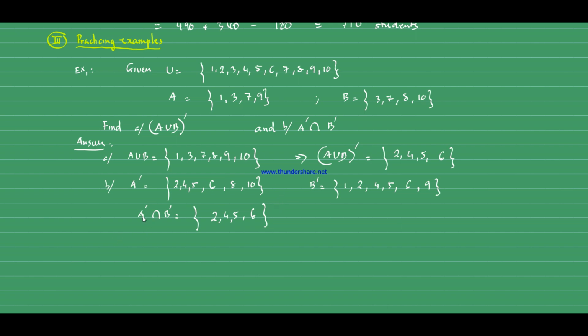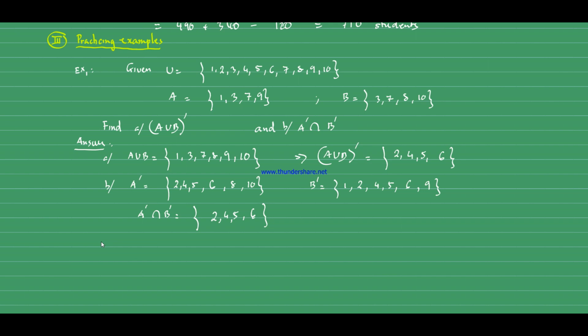Now, if you notice, the answer for part A and part B is the same, right? 2, 4, 5, 6 and 2, 4, 5, 6. So what can we conclude out of this? Very interesting information.